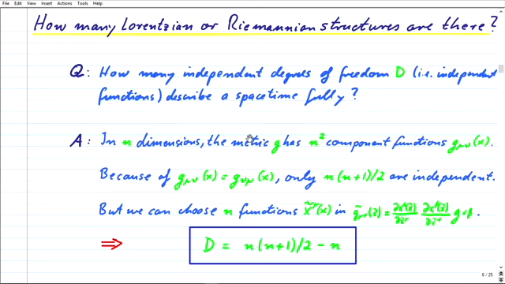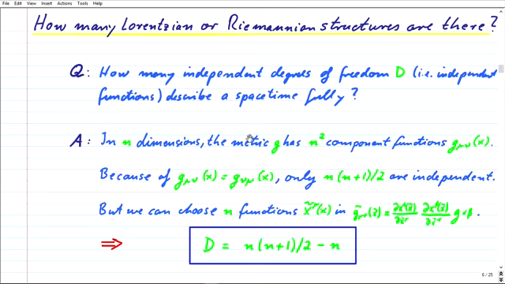So the question is, how many parameters are there to at least parameterize those Lorentzian structures? In other words, I can choose, in principle, all of the components of the metric tensor independently, except that it has to be symmetric.